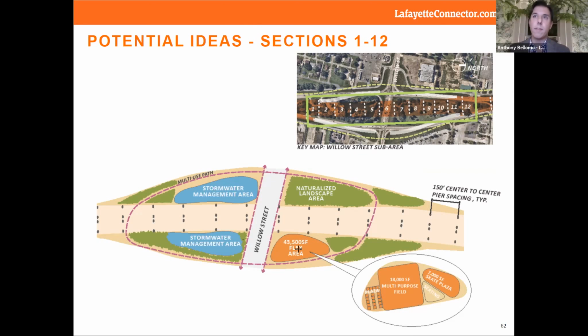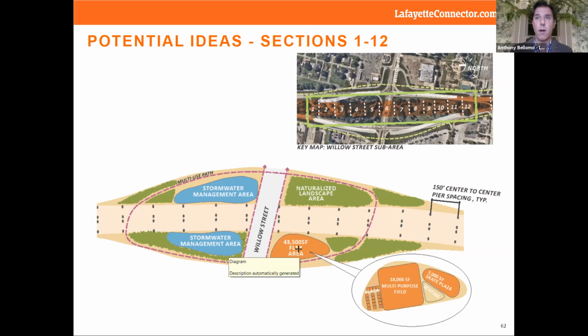And one of the things that we started to look at for Willow Street is the idea that, we were talking about landscape treatments earlier this evening, and there are different landscape treatments that are low maintenance, but still appealing. For example, a meadow-like or a prairie-like landscape that also is kind of a sponge that can soak up water, right?